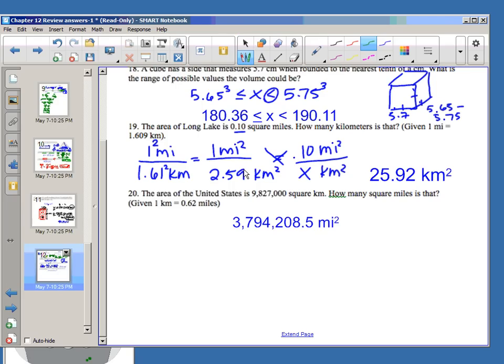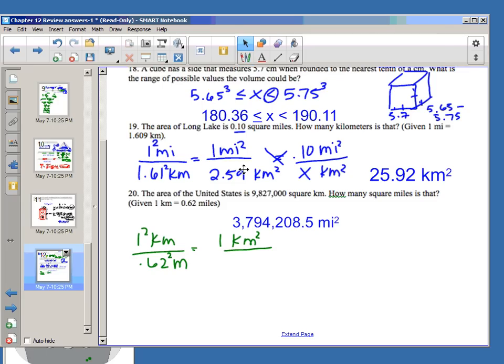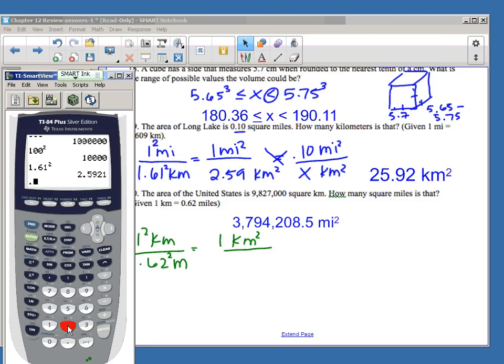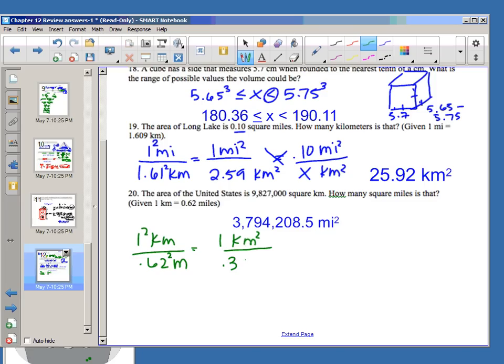The last one is very similar, except now I'm going from square kilometers to miles. It tells me 1 kilometer is equal to 0.62 miles. I need to square it though because I'm trying to find square miles. So 1 kilometer squared is equal to 0.62 squared, 0.3844 miles squared.